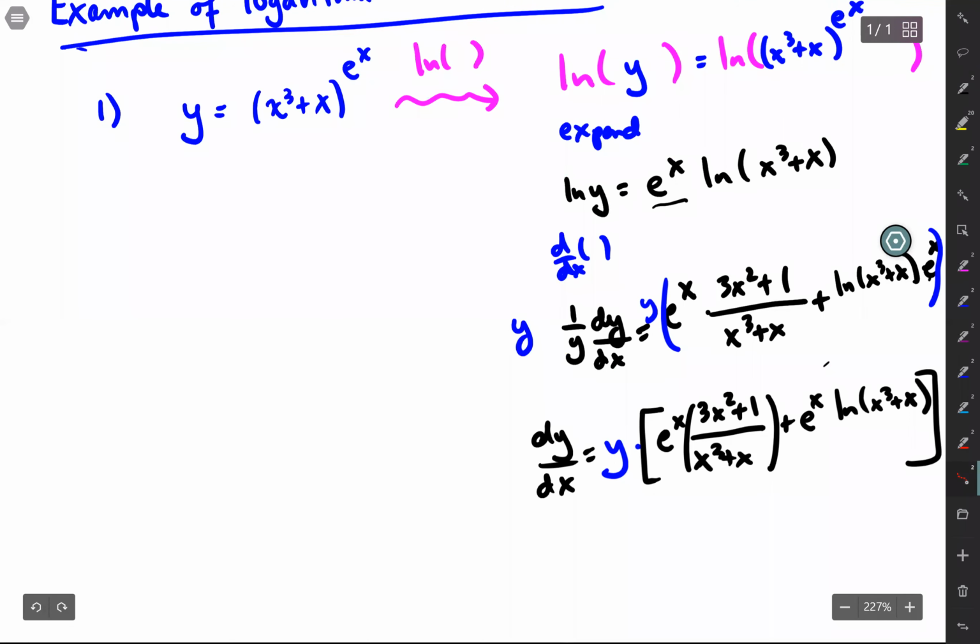Okay, and now the last step is to plug back in for y. We know that y is x cubed plus x raised to the e to the x, so I'm just going to copy that in there. So we have dy dx, the derivative of y with respect to x, is x cubed plus x raised to the e to the x, that's the y part, times the expression I'm just going to copy down here.